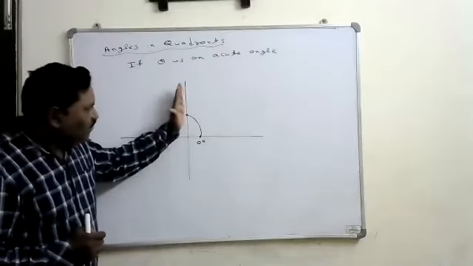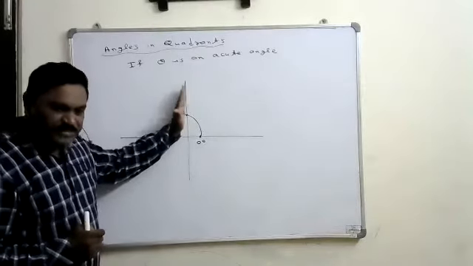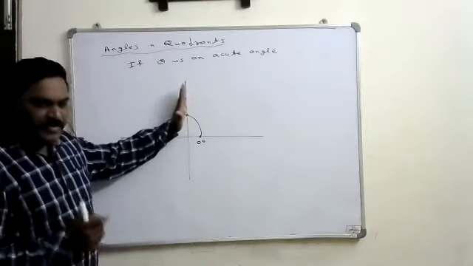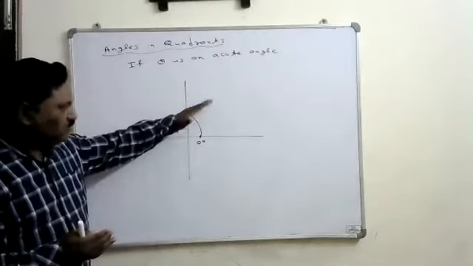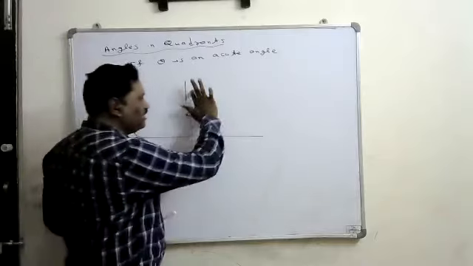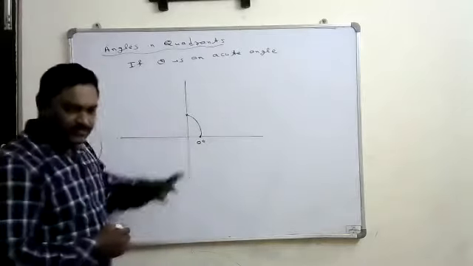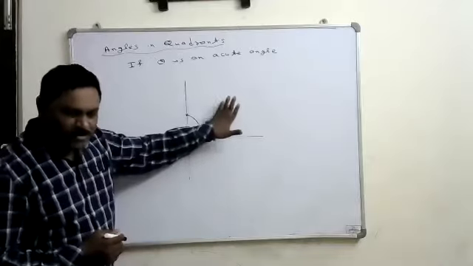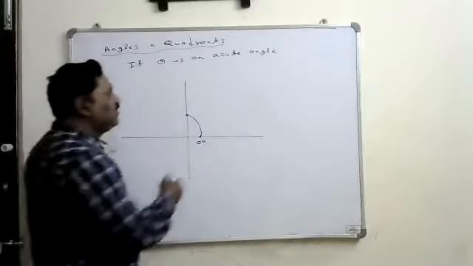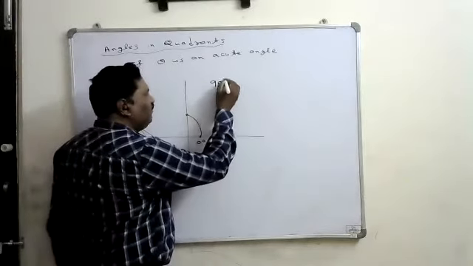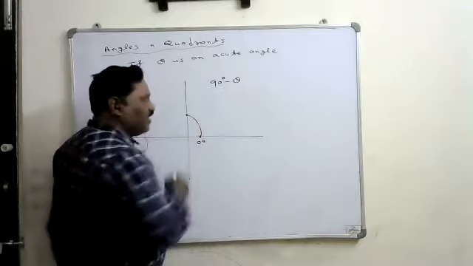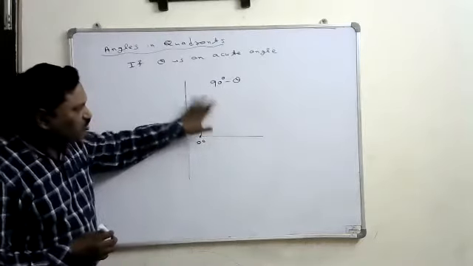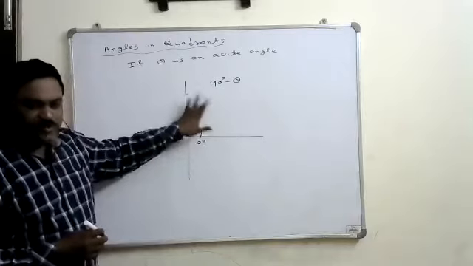From this 90, if I subtract something, then where does it lie? Less than 90. That lies between 0 and 90, which means it is going to lie in the first quadrant. That's why, if I subtract some acute angle theta from 90 degrees, the angle 90 minus theta lies in the first quadrant.